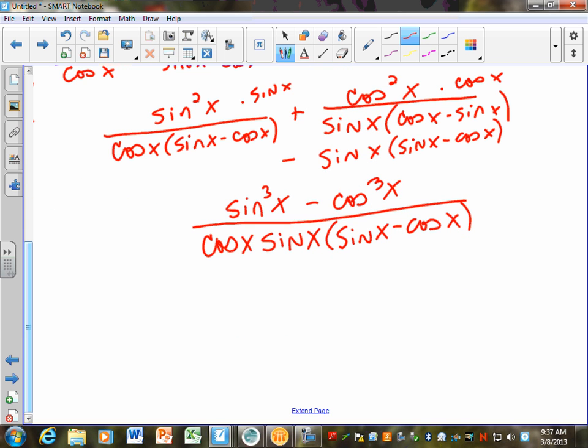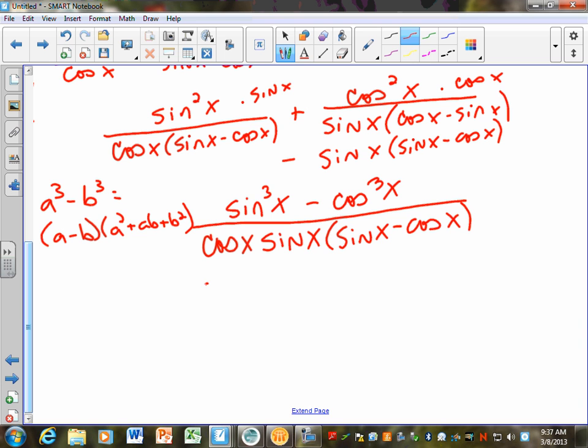And then, this is why I gave you this on your notes yesterday at the end of your homework, because this is a difference of two cubes, and if you factor it, then you're going to be able to get stuff to simplify. And so you have to remember that when you factor a difference of two cubes, that's going to factor into a minus b times a squared plus ab plus b squared. So for us, a is sine and b is cosine.